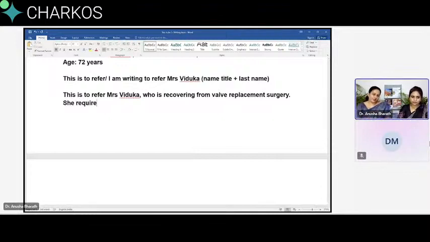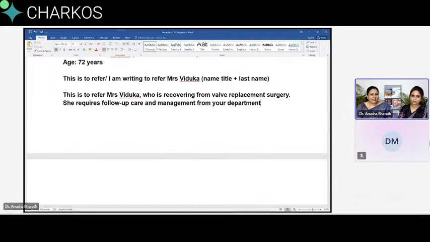She requires follow-up care. Follow-up, a hyphenated word. And management from your department. Okay. And we do have the discharge information here. The case note clearly indicates that she is being discharged on the 24th.